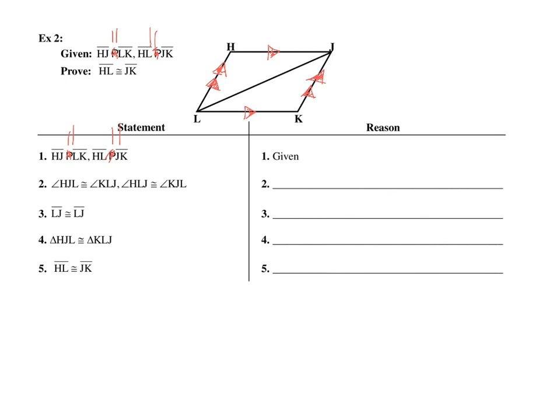Okay, that's given. And that says angle HJL is congruent to KLJ, and HLJ is congruent to KJL.